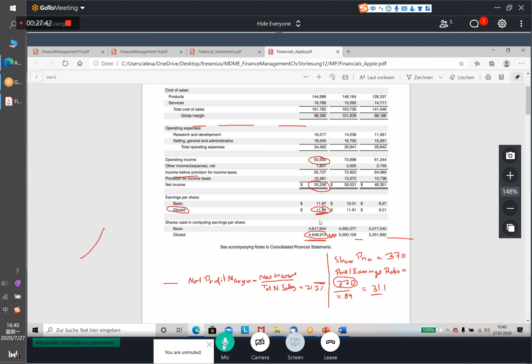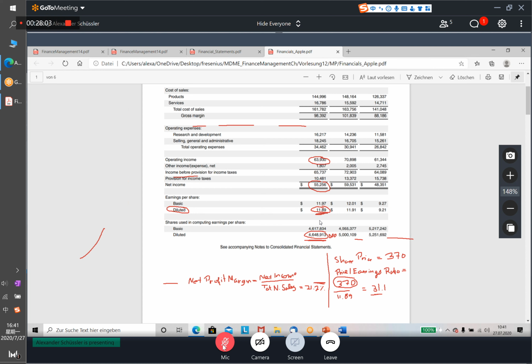Yeah, they think it's a good business, and that's why they drive the stock price up. The stock price has increased because they think it's a good business, and why it should be expensive.